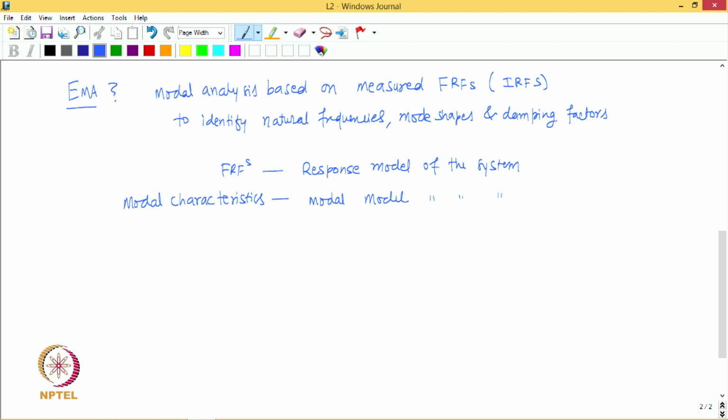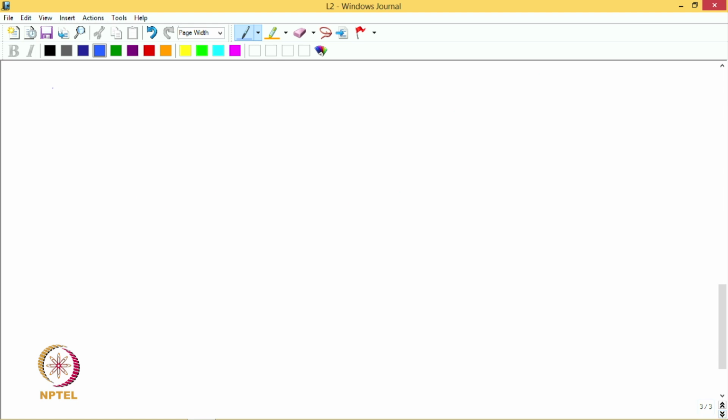So, what is the difference between analytical and experimental analysis? That can also be understood in this manner. So, let us say analytical model analysis starts from the spatial model, right, and from the analysis of the spatial model, the modal model can be obtained.